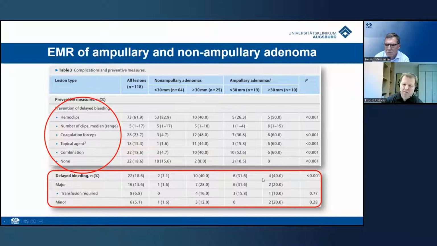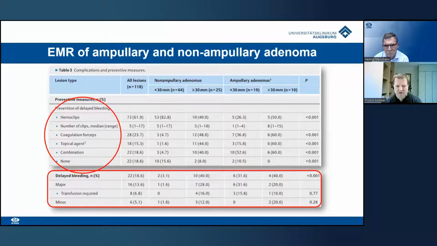And when you look at the ampullary adenomas, the size doesn't matter so much. In small lesions, we have 32% of delayed bleedings. And when they are large, we have 40%. So these results show the high risk of delayed bleedings, and we cannot be satisfied with what we reach with our preventive measures today. And so we have to improve this.